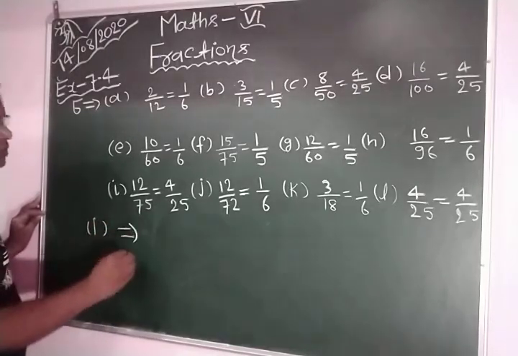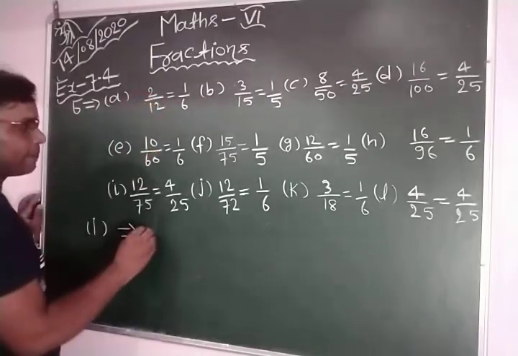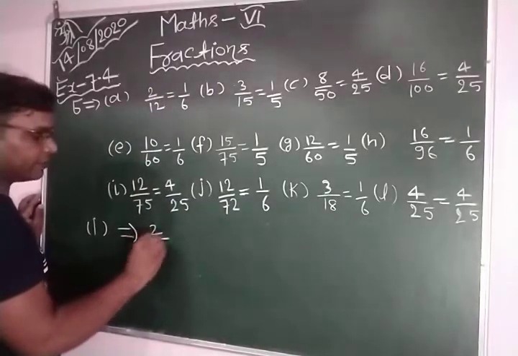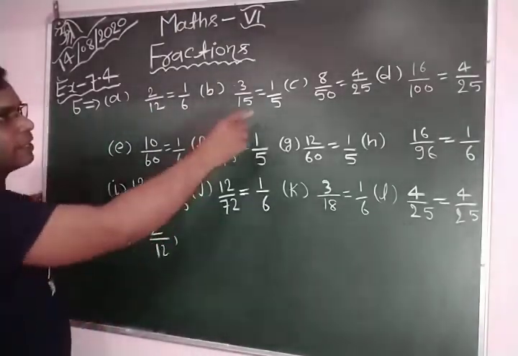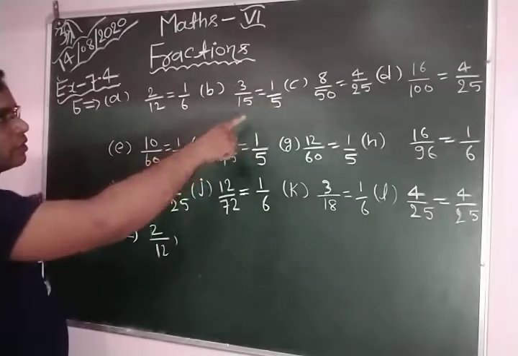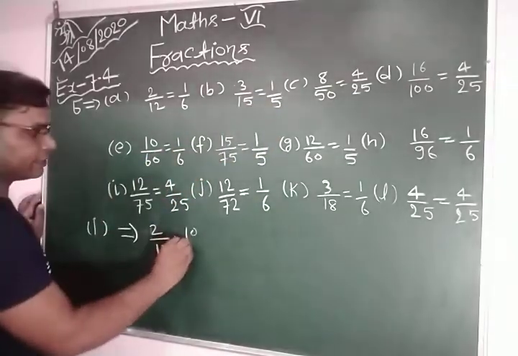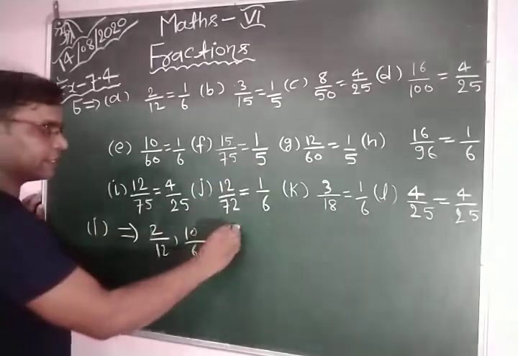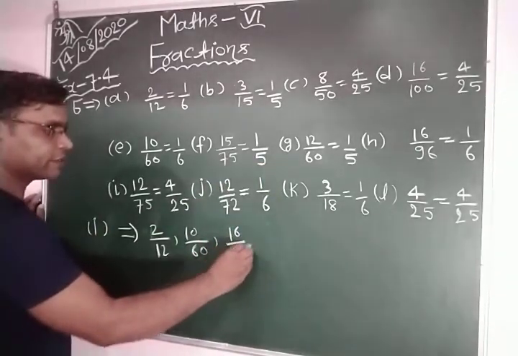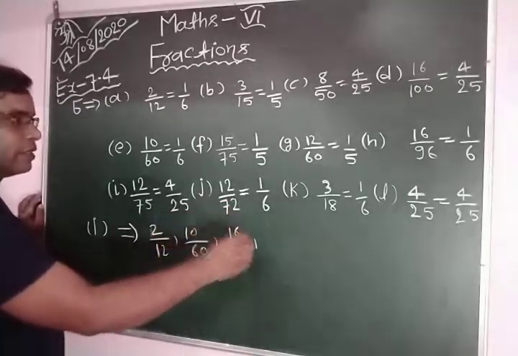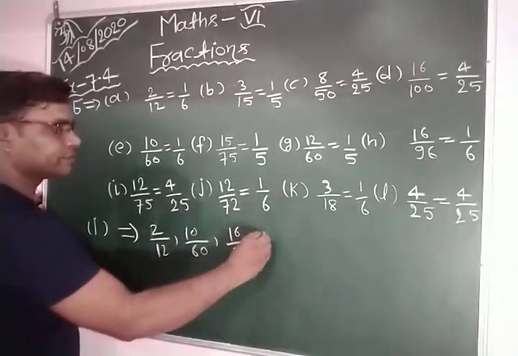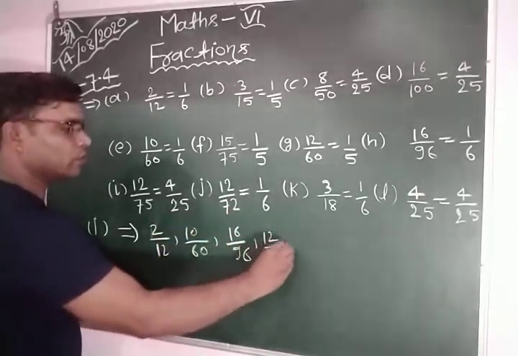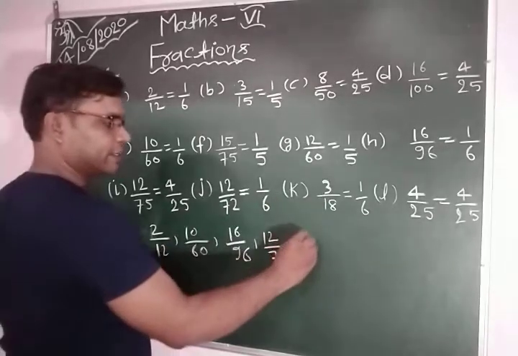In the first group you write 2 by 12. Okay, and 10 by 60 and 16 by 96 and here 12 by 72 and 3 by 18.